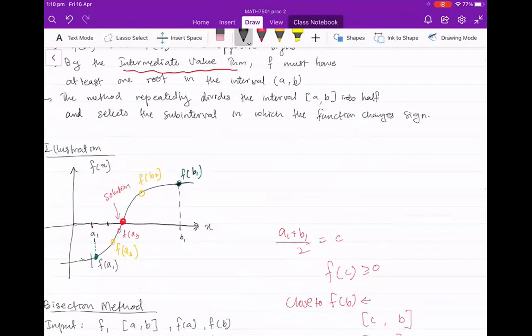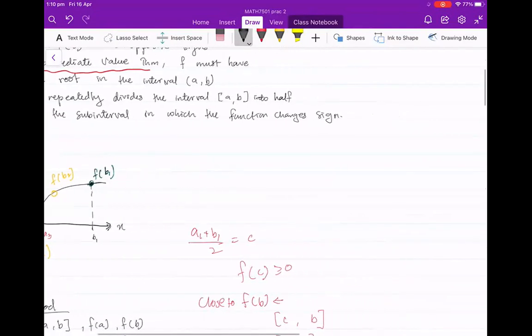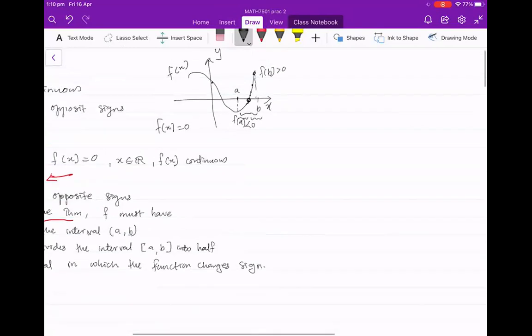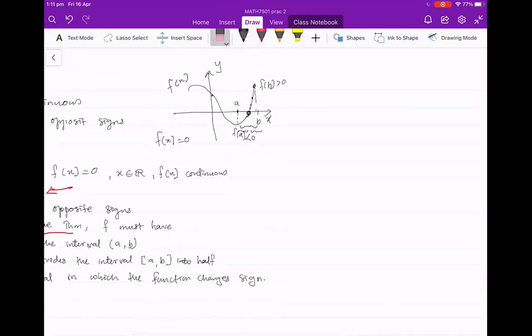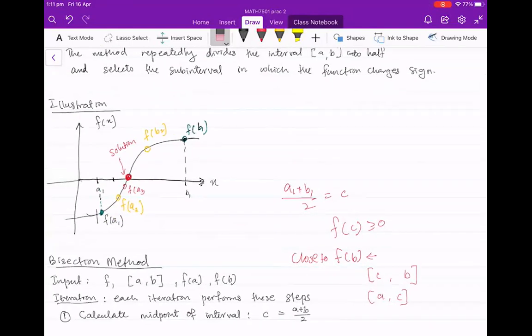Okay, let me illustrate this with an example, a function where I don't know the exact function, but let's say you have this curve here, which is crossing the x-axis at one point.